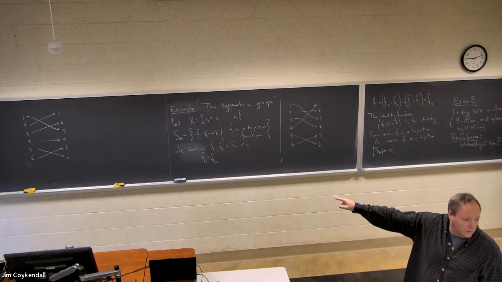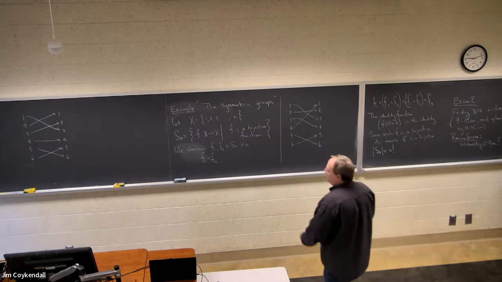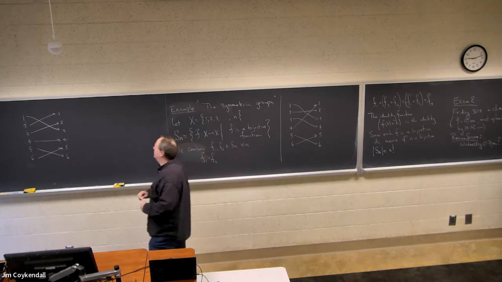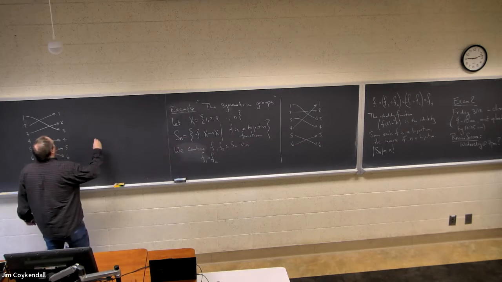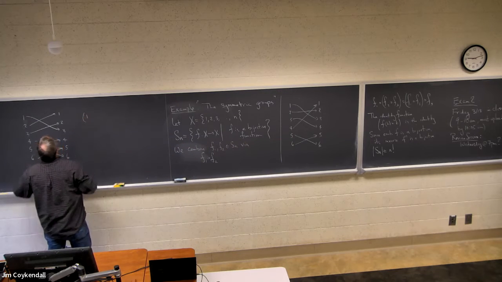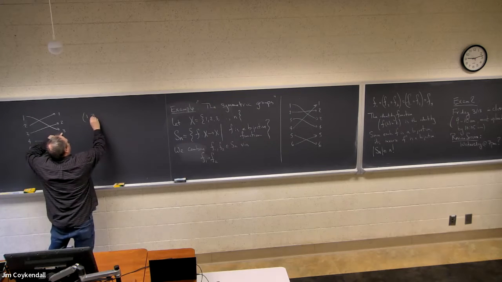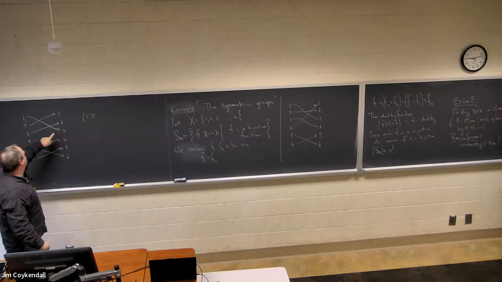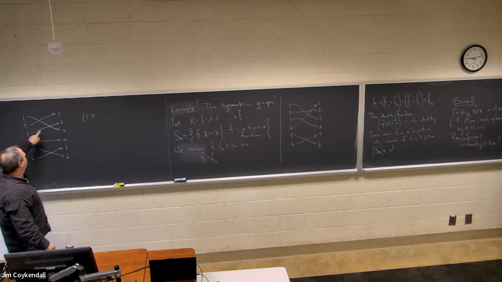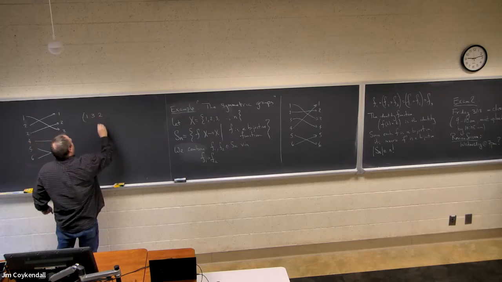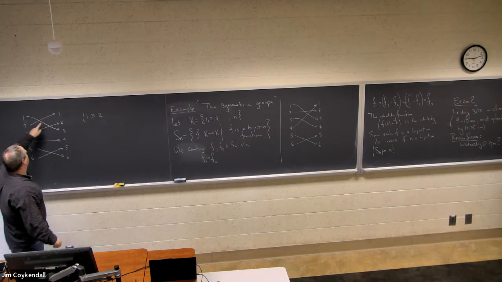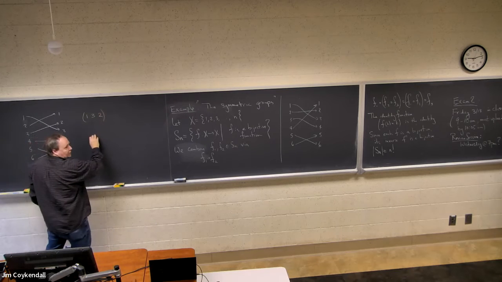That's very unwieldy, right? And so I've got a shortcut notation for this function. How does this work? Well, where does 1 go? It goes to 3. Where does 3 go? To 2. Where does 2 go? To 1. This is called cyclic notation.